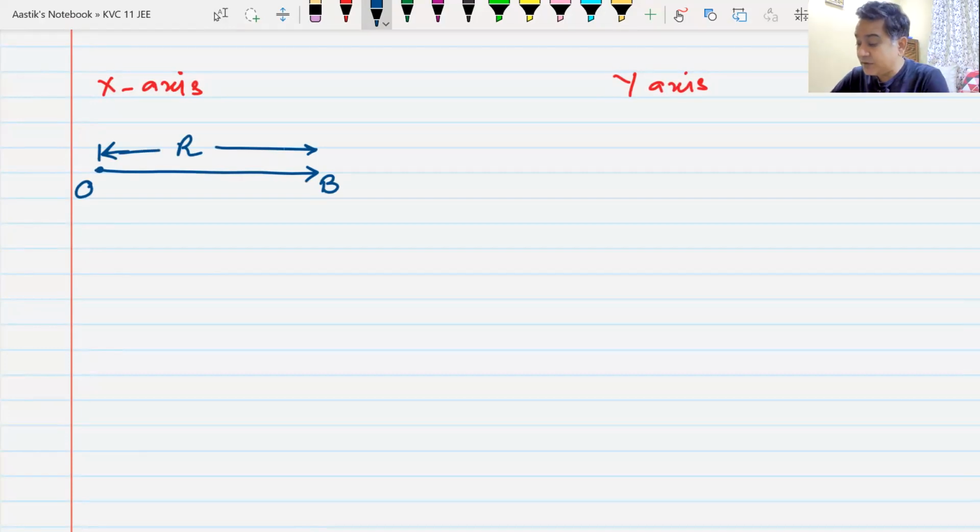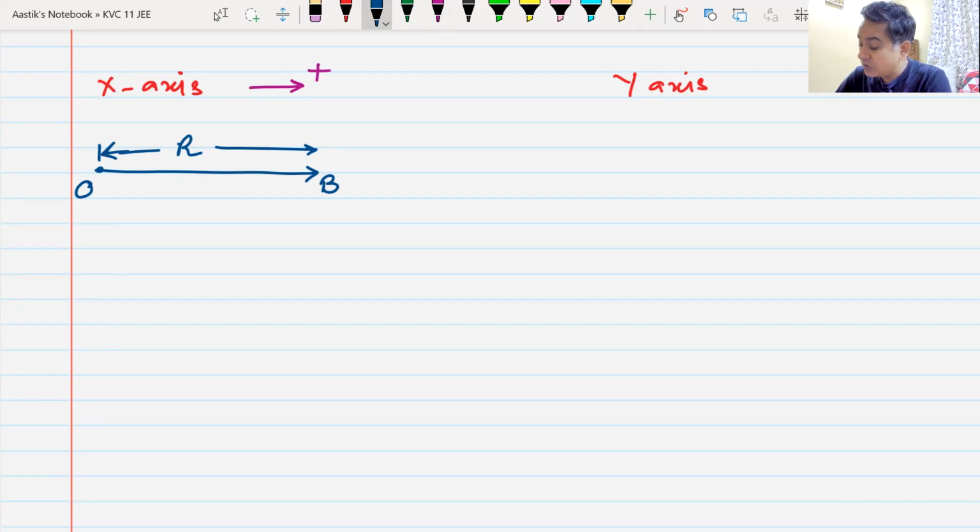Now whenever we are doing any question of this type, you must take a sign convention. This direction is taken as positive, and the opposite direction will be taken as negative. Now if I write the equation along the x-axis, what are the things you must remember?